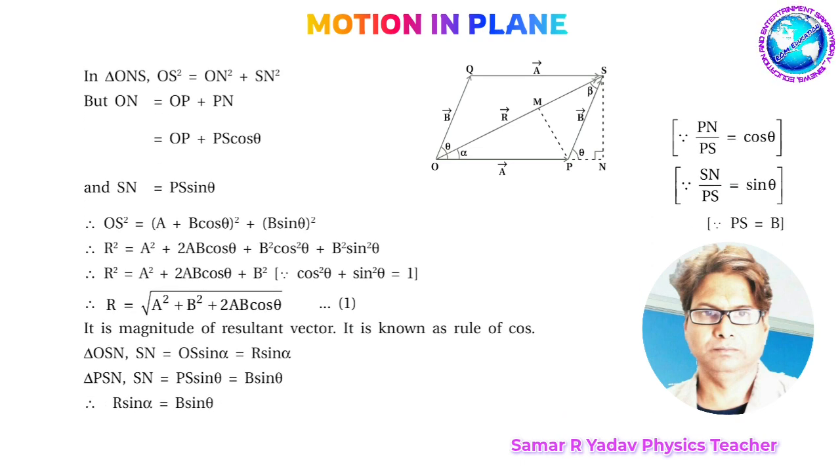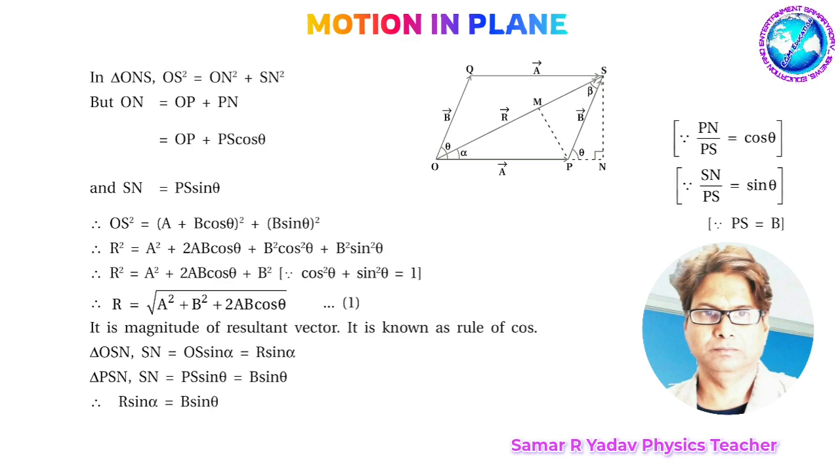Here PN upon PS is equal to cos theta, and SN upon PS is equal to sin theta. Therefore PS is equal to B. Therefore OS square is equal to bracket A plus B cos theta bracket square plus bracket B sin theta bracket square.